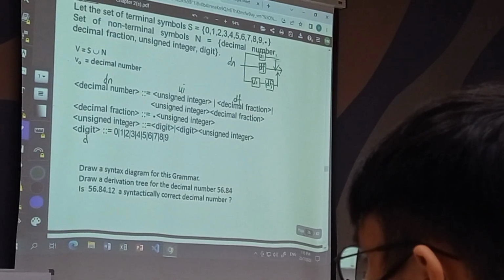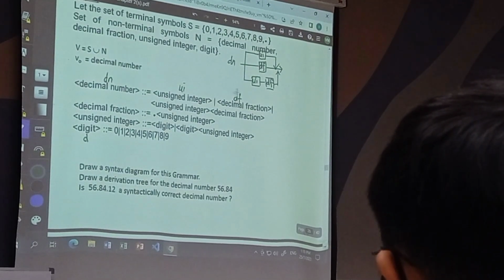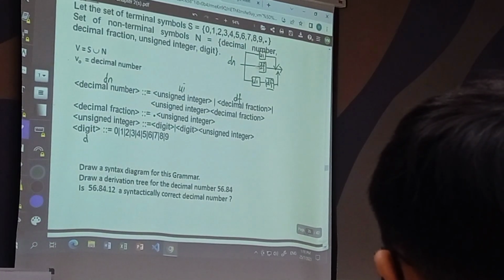The unsigned integer, first one. Second one, decimal fraction. And the third one is unsigned integer with decimal fraction. Correct?